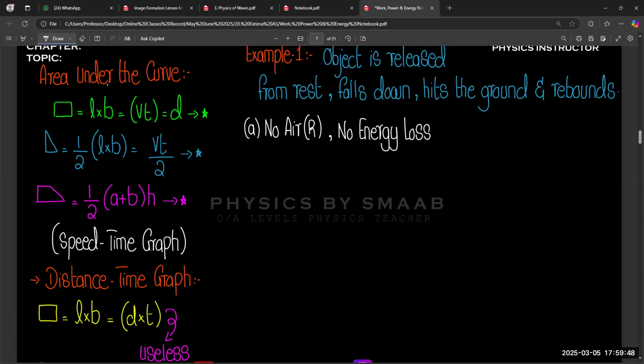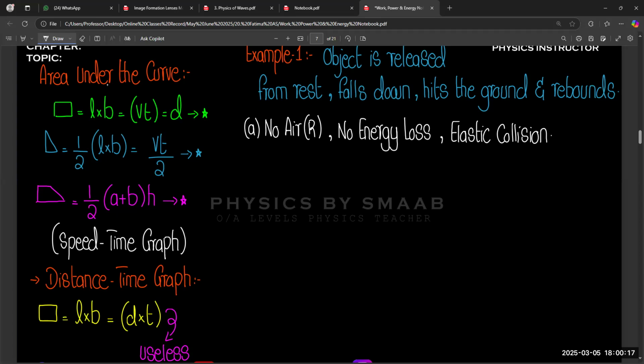No energy loss, and there is elastic collision. Elastic collision means there will be no loss of energy, no loss in momentum. So all quantities remain conserved. So this is the meaning of elastic collision in simple words.